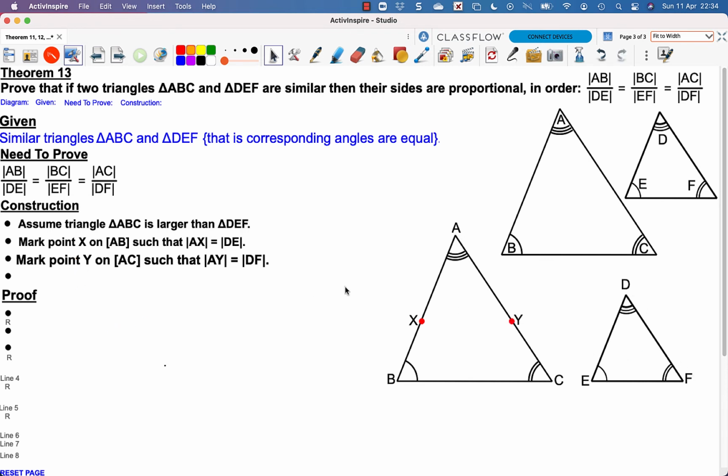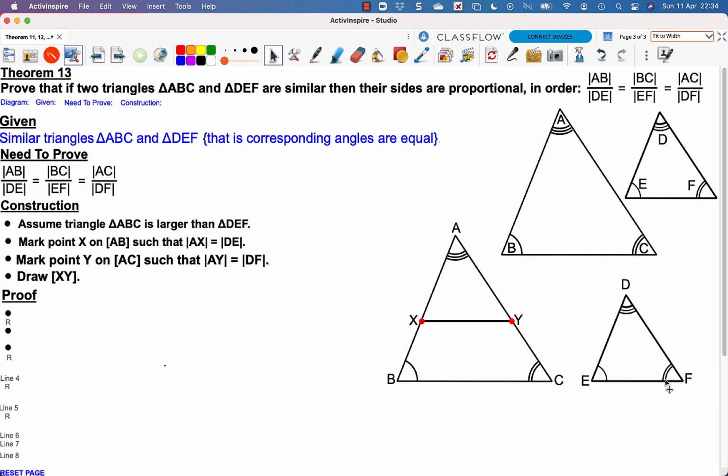So by construction, AY is equal to DF, and AX is equal to DE. We then join X and Y, and that should be the same as EF.